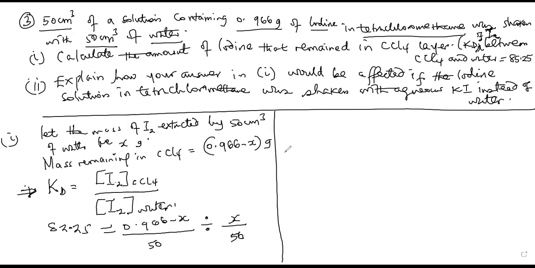So this one can easily give me the answer, and the 50s will cancel after cross multiplying. So we shall have 82. Sorry, I'm using a wrong KD, which is 85.25.